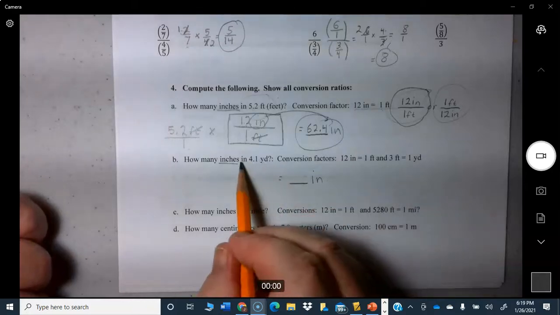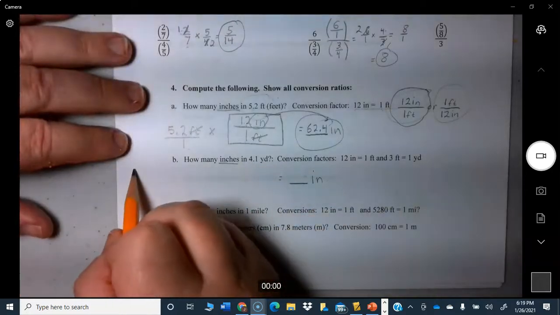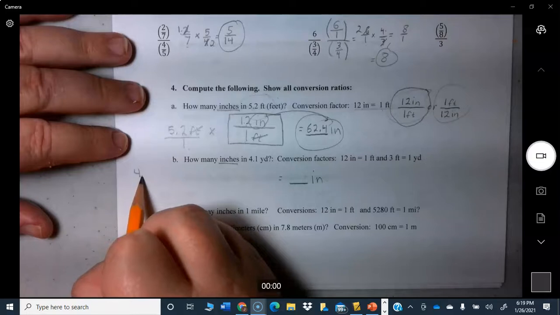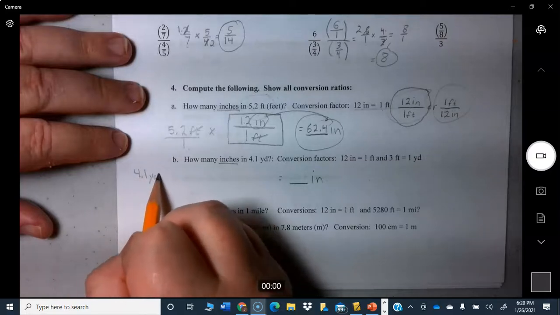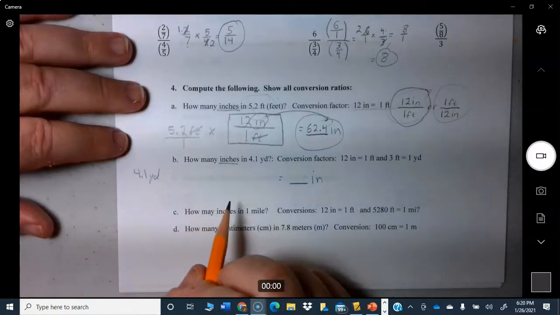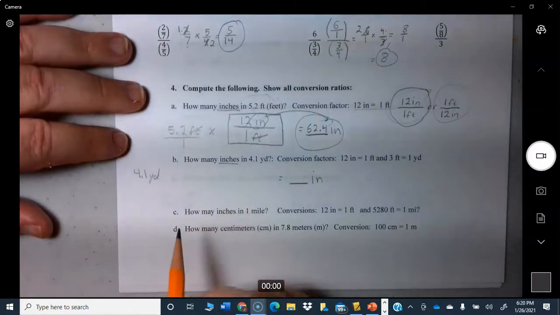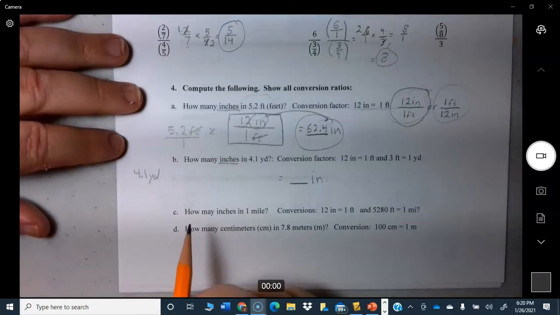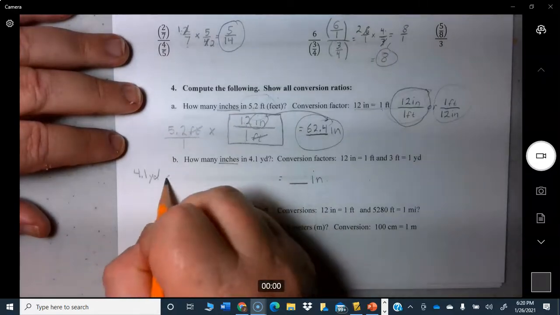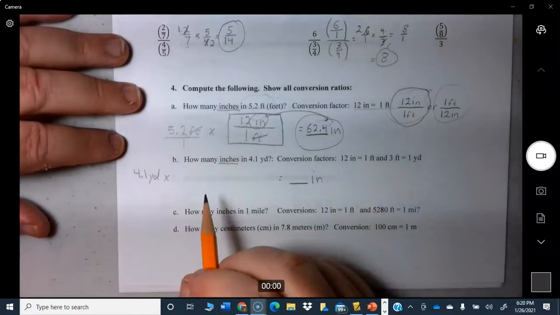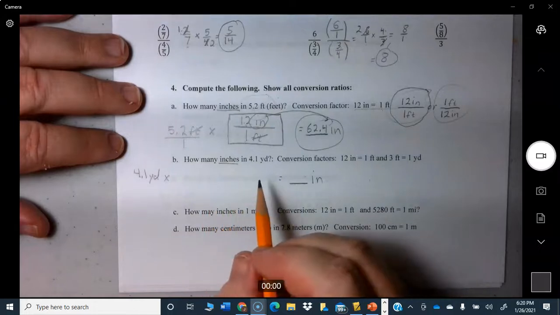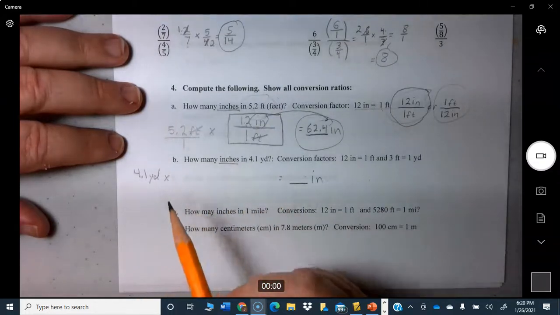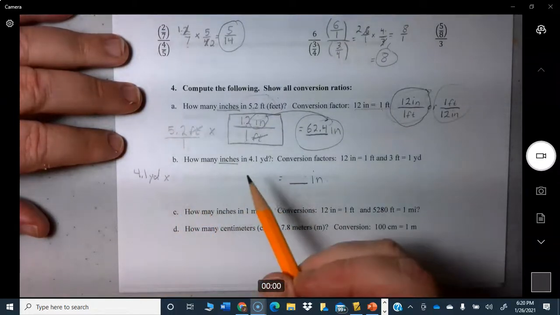Okay, and we're going to start with 4.1 yards. Okay, now you might know how many inches there are in a yard, but I want you to pretend like you don't. Alright, so what we're going to do is we're going to need to convert from yards to feet, and then from feet to inches.